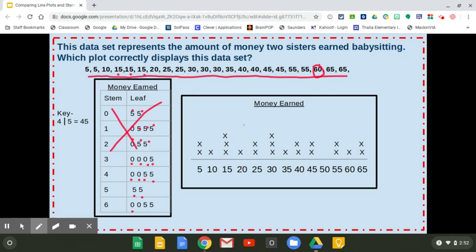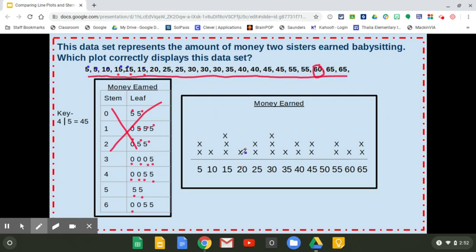Let's check it to make sure. For 5, we have 2. I'm going to change my color. And we do have the 2. 10, there should only be one of those, and there is. 15, there should be 3. And there are.